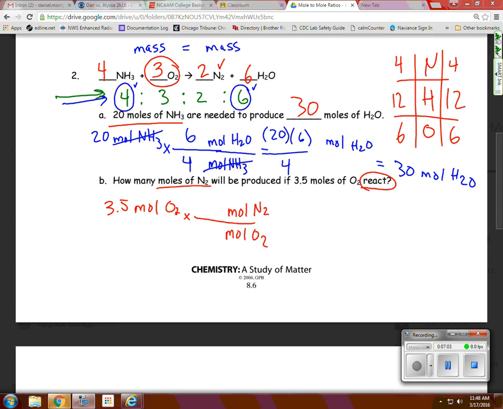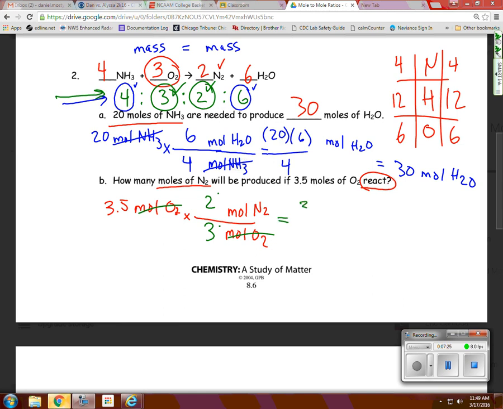So for every 3 moles of oxygen, we can make 2 moles of nitrogen. It's a 2 to 3 ratio. So what we've got to do is get rid of our moles of O2. They're diagonal. They cancel out.